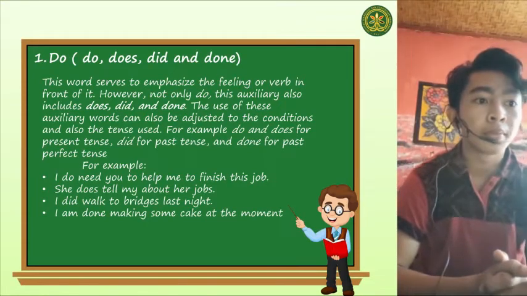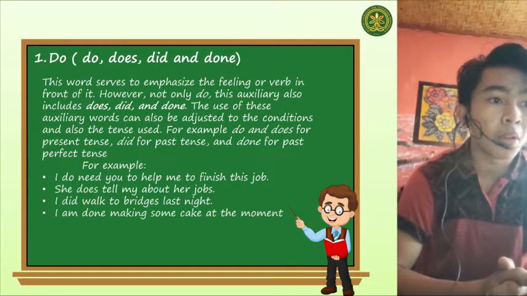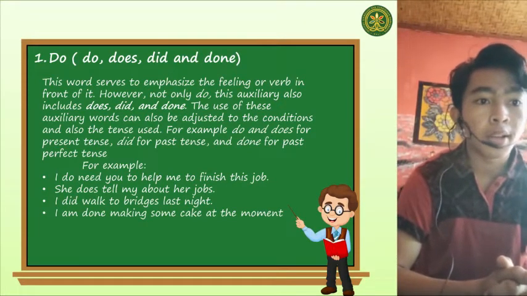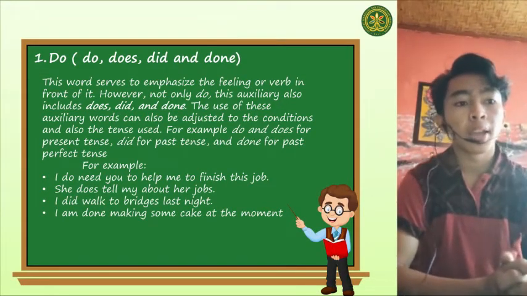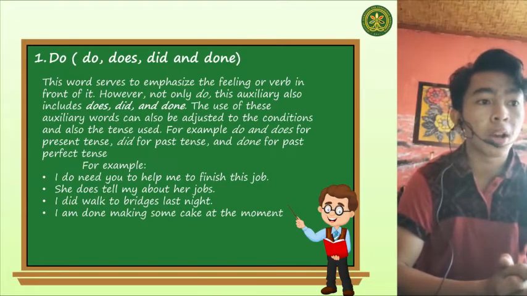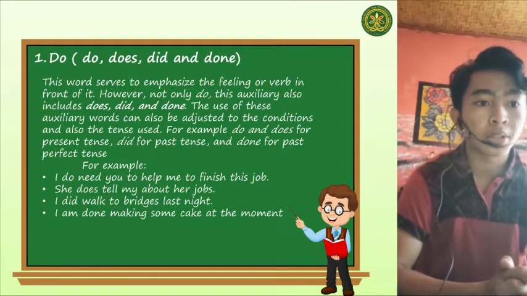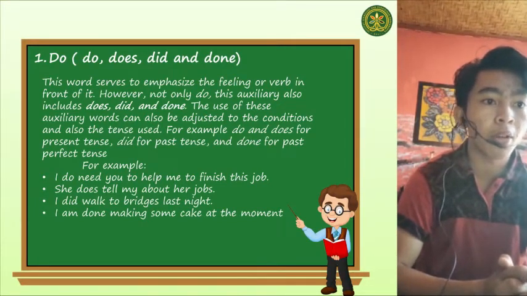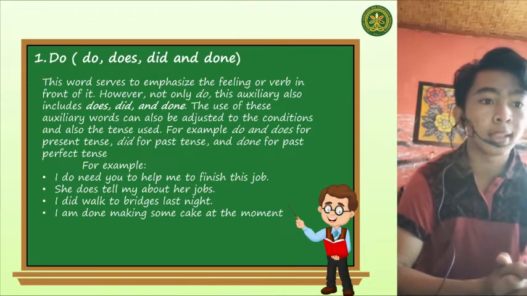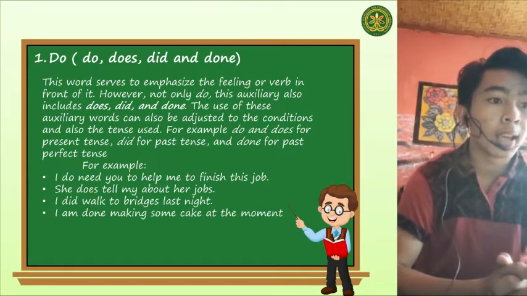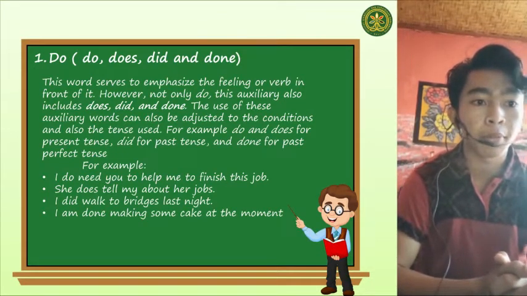These auxiliary words can also be adjusted to the condition and the tense used. For example, do and does for present tense, did for past tense, and done for past perfect tense.